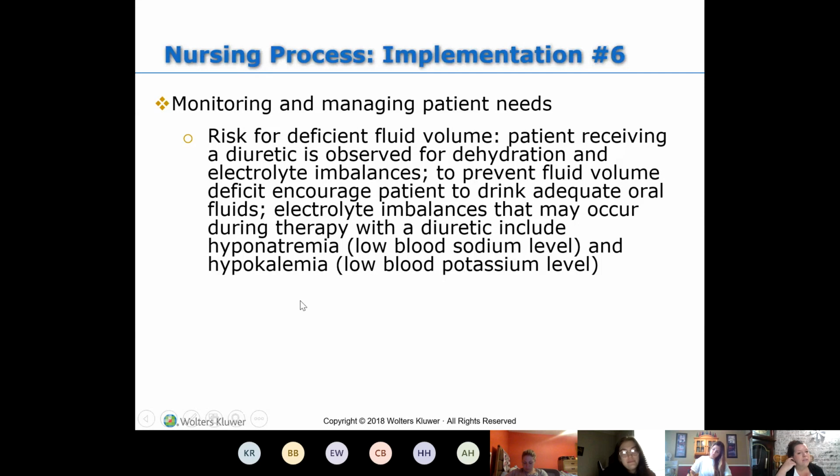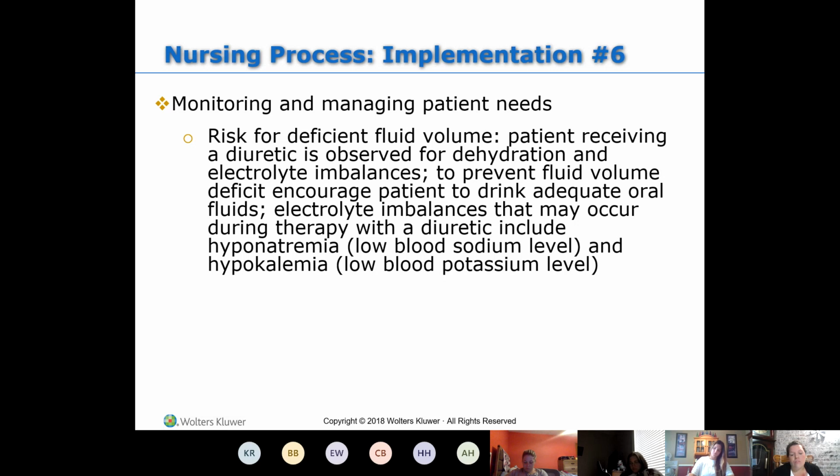And then if a patient is receiving a diuretic, we want to look for signs of dehydration and electrolyte imbalances, because sometimes meds can work a little too well, and we might need those dosages decreased. We want to encourage patients to drink adequate fluids. We don't want them to stop drinking because their Lasix makes them pee. Then they're compounding that, and we're back to square one and need to go back to the drawing board.